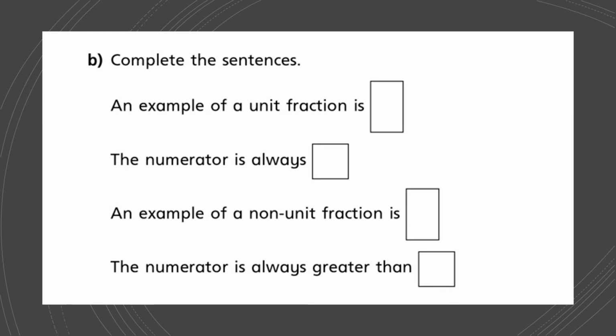It is always 1. An example of a non-unit fraction is a fraction that is more than one part. So it could be 2/3, 2/4, 2/5, 2/6. And so the numerator is always greater than 1.